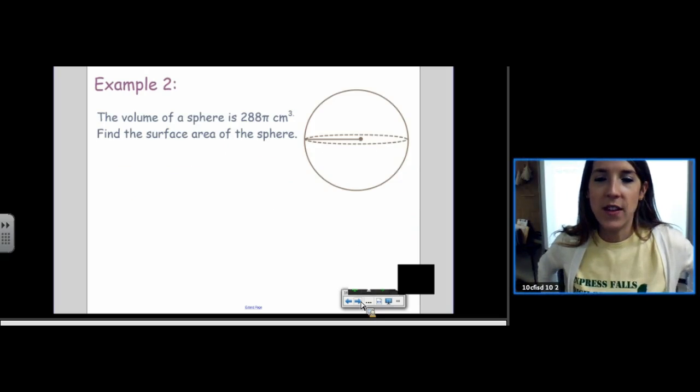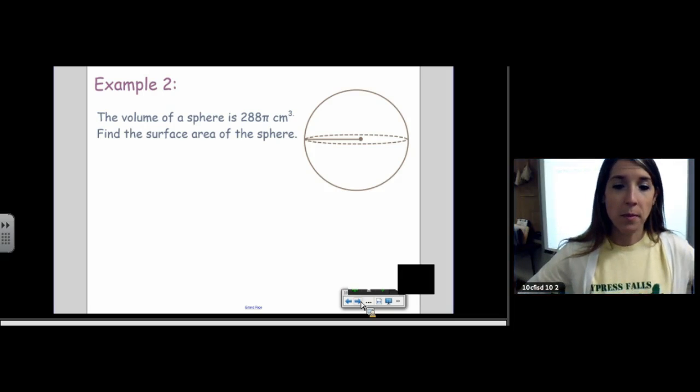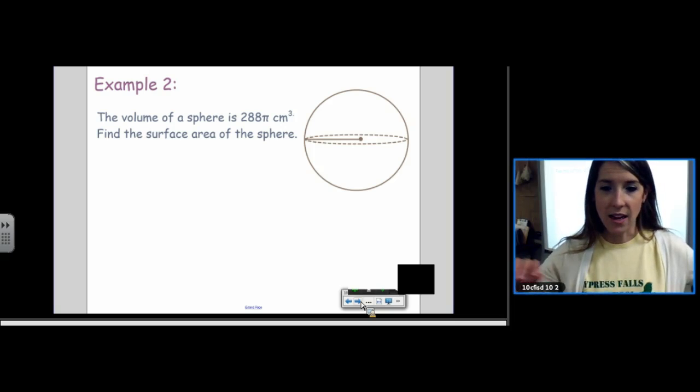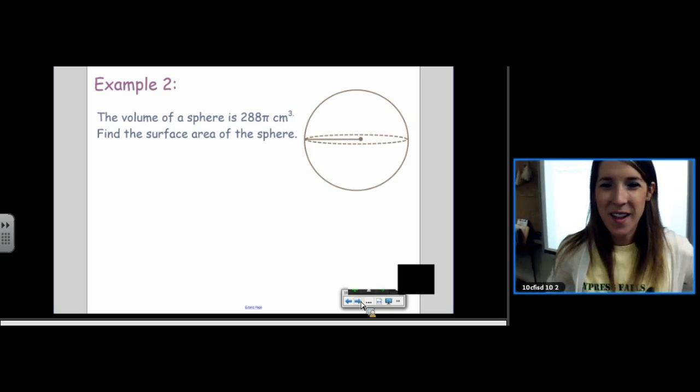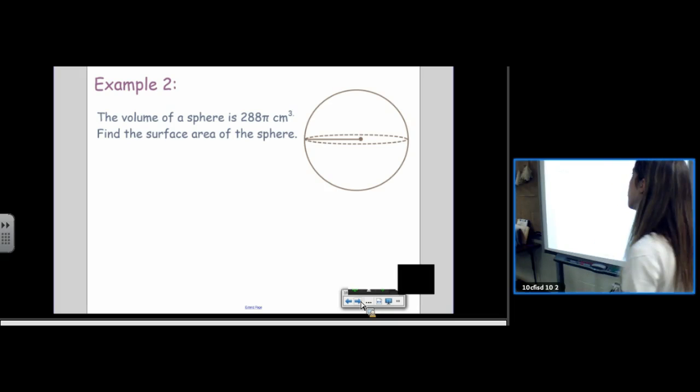The volume of a sphere is 288 pi cubic centimeters. Find the surface area of a sphere. This problem is very important because we're going to be doing something that we also haven't done yet in this class. I'll give you 1 minute to try it. All right, so we start this problem like any good work backwards problem.